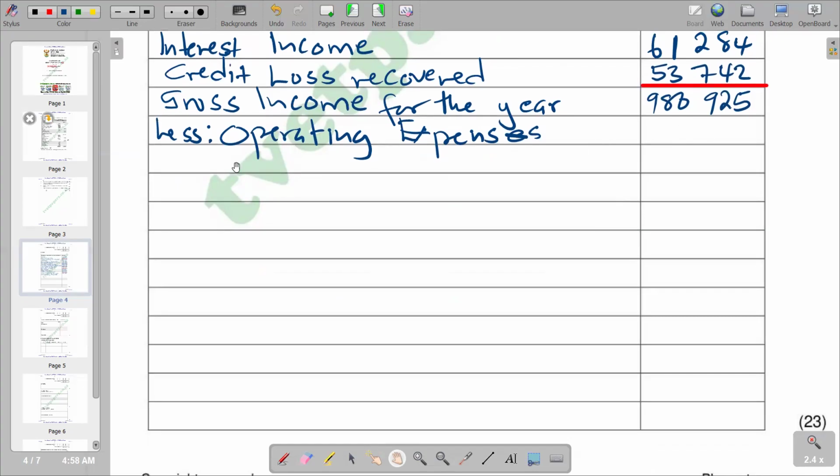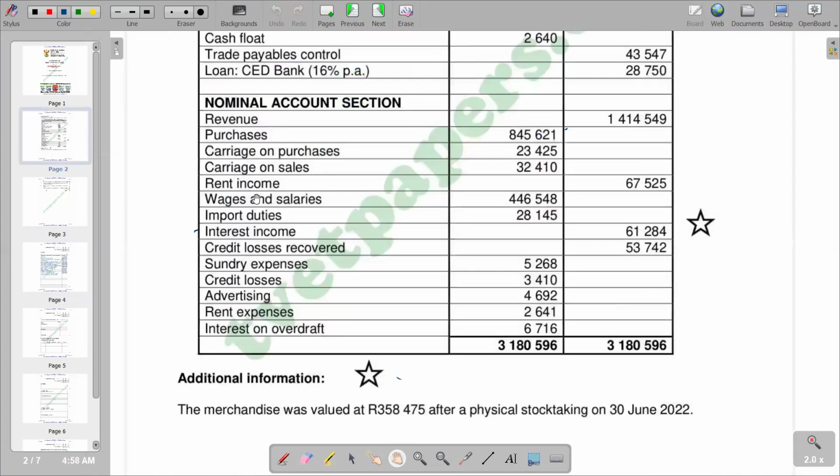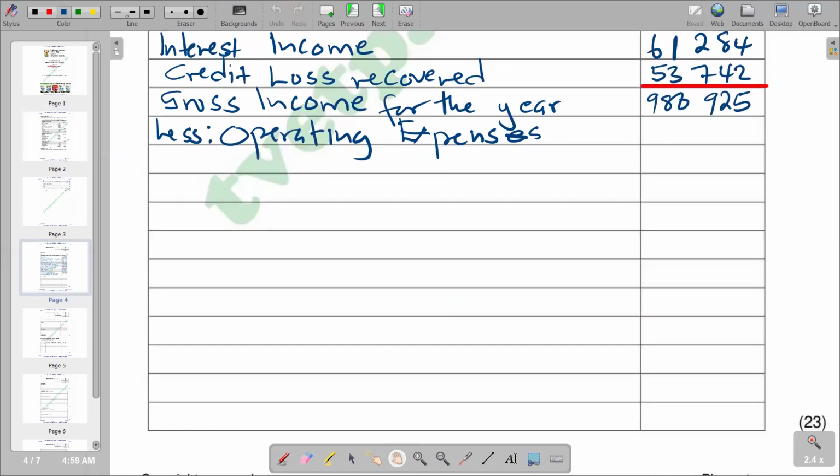So we go to the question and go down looking for any expense that we can see. We've got carriage on sales, 32,410, it's an expense.